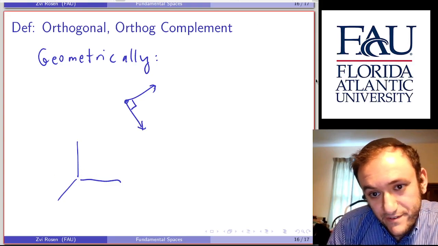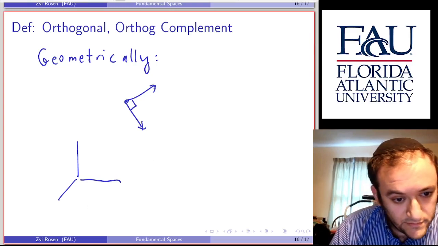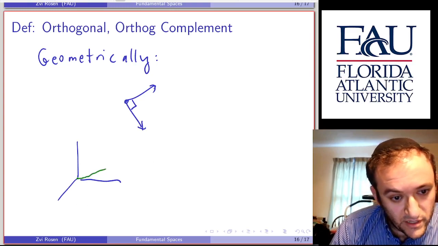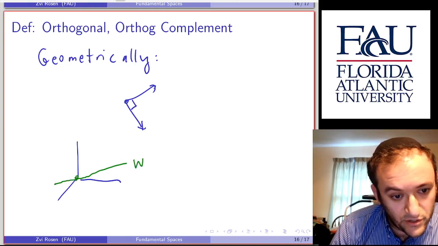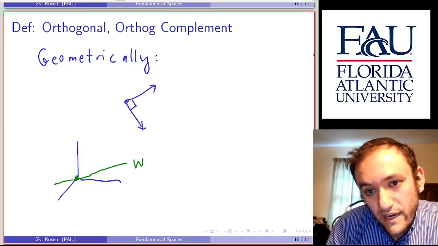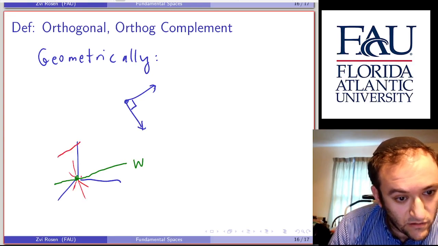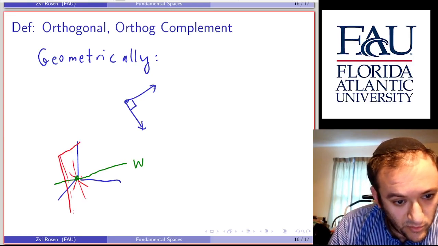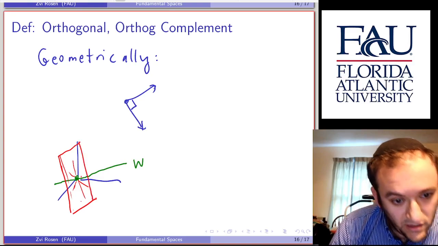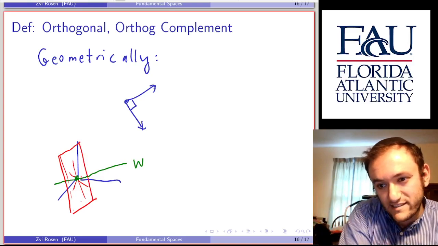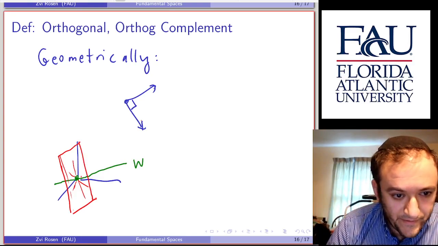If we have W, which corresponds to a certain line through the origin, then W perp will be the set of all vectors that are orthogonal to that. So it'll be a two-dimensional plane that the line W passes through perpendicularly. So this is W perp.